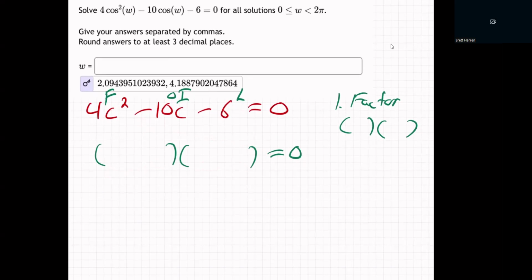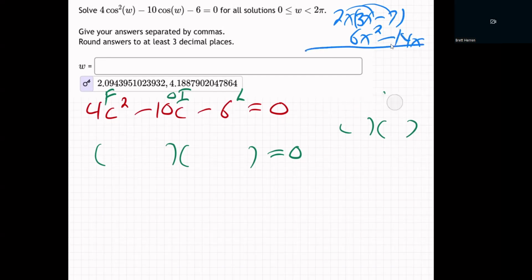So maybe it'd be helpful if I just showed one quick example. Remember how you multiply something like, well, you know how to multiply 2x times 3x minus 7, right? You just distribute and you get 6x squared minus 14x, right? And now, do you remember how to multiply 2x minus 4 times 3x minus 7?